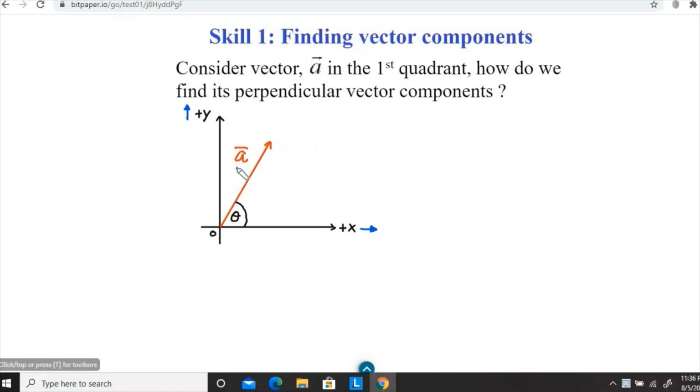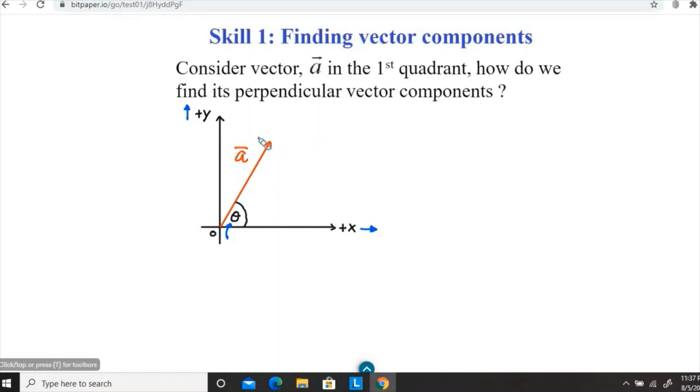Now, the first step, as I told you, is to identify the x and y coordinate systems. Then, the second step is to identify where the angle is. So here, the angle is over here and it makes a theta with the x-axis.